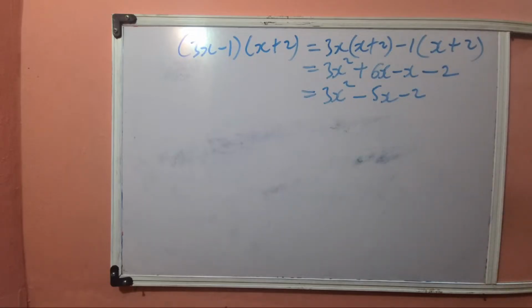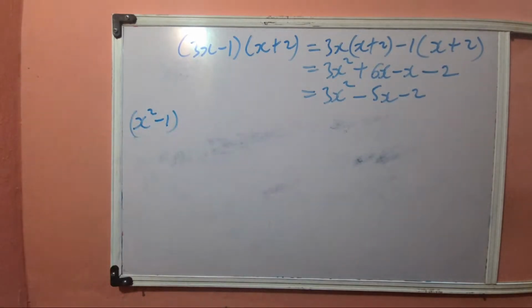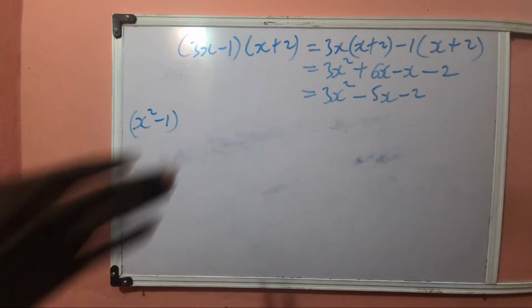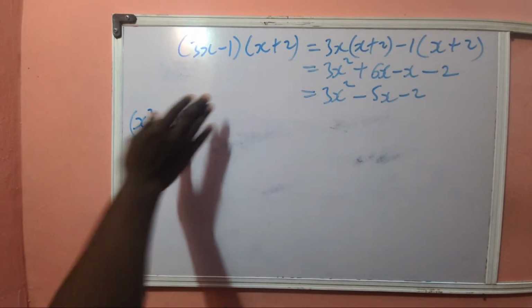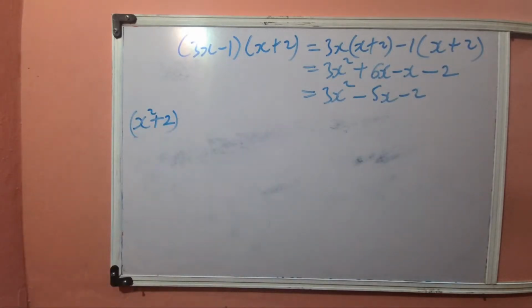So that's how we solve polynomials. Of course, this was quite simple. Let me give you this to try, just for the sake of those that are still probably new to this. Imagine you have x squared plus 2 rather, and you have x minus 1.